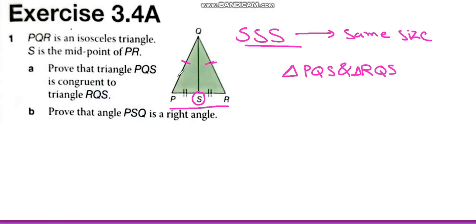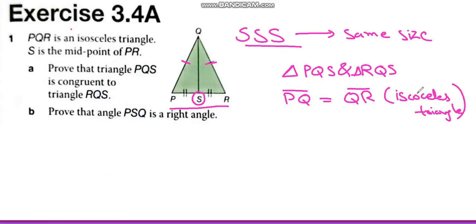First of all, in these two triangles, the side PQ is equal to the side QR, because these are two corresponding sides. We write the reason: due to the isosceles triangle, these two sides are equal in length.